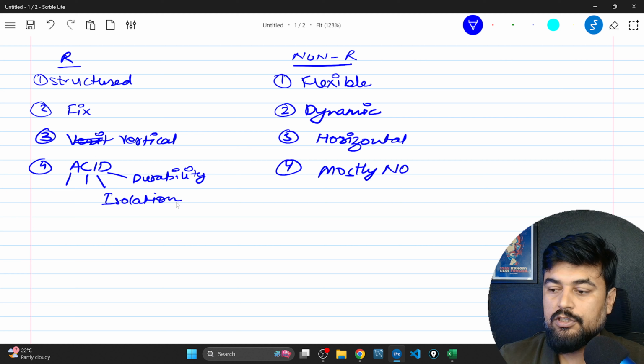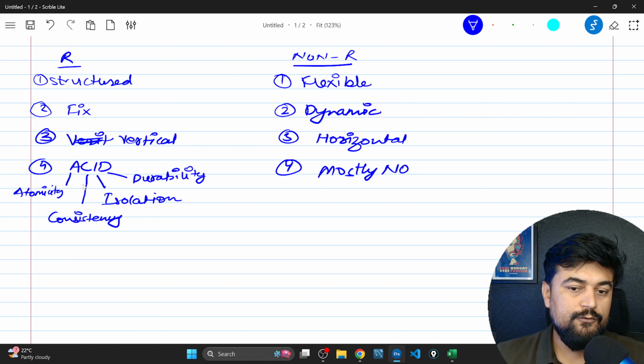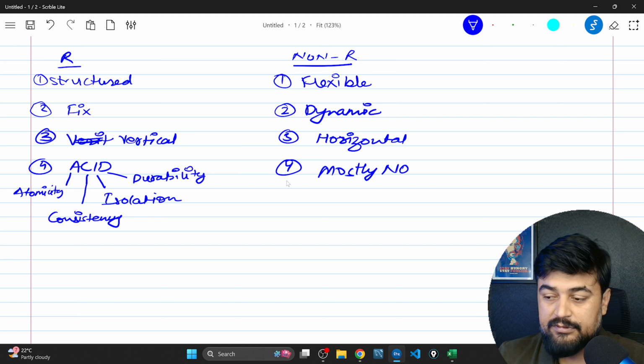I stands for isolation. A stands for atomicity, C stands for consistency. So all these four qualities are followed in relational databases. In the non-relational databases, this is not strictly followed.